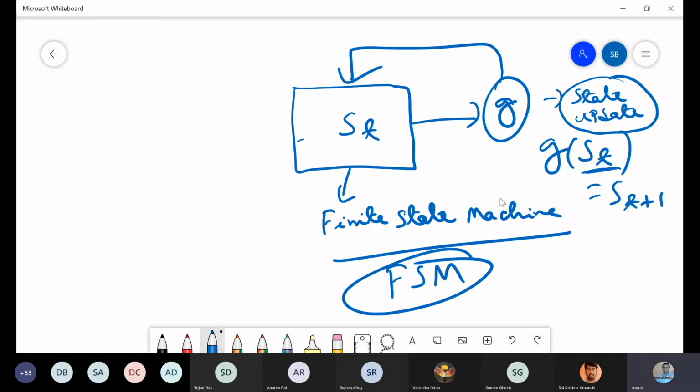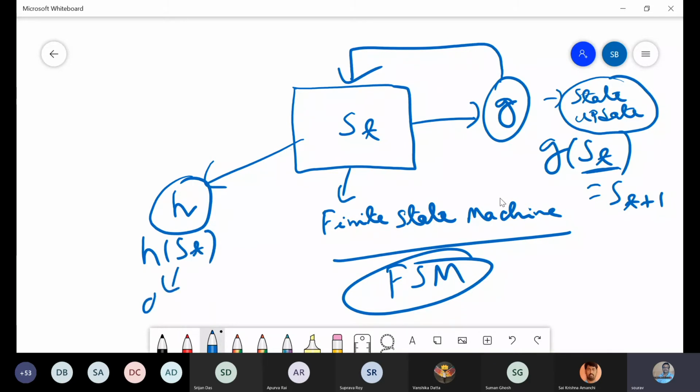That is done by the state update function g. And then how do we get the keystream? We get it from another function h, which takes the value of the current state and gives us alpha t, the keystream. So basically it will generate alpha 1, alpha 2, like this.